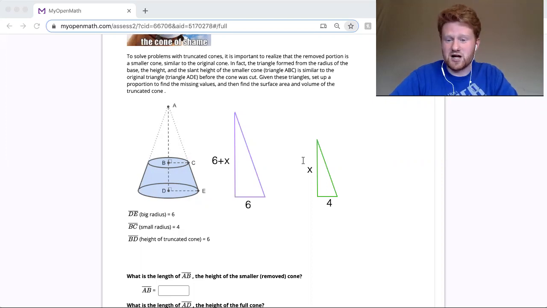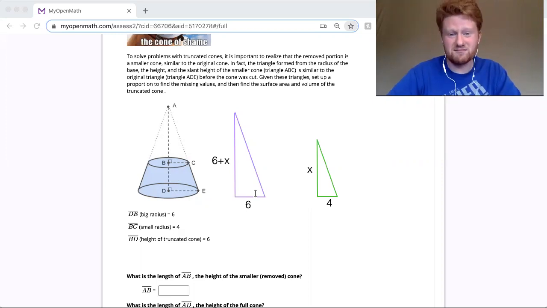So usually in similar triangles, you can set up a proportion because you have two values that you know from one triangle, and the other triangle, you have one of the values and then one of the other values is missing. And you can set up a proportion and cross multiply. In this problem, we actually have two missing values.